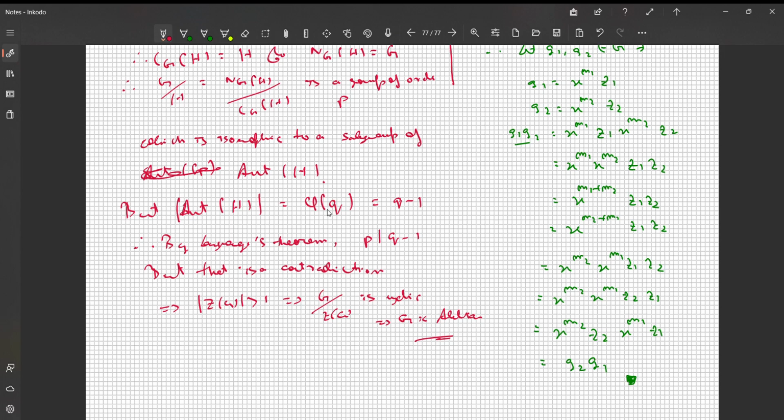So the other proposition which I just stated before coming into these proofs was that if the order of G is PQ such that P and Q are primes and P is not equal to Q, then G is cyclic.